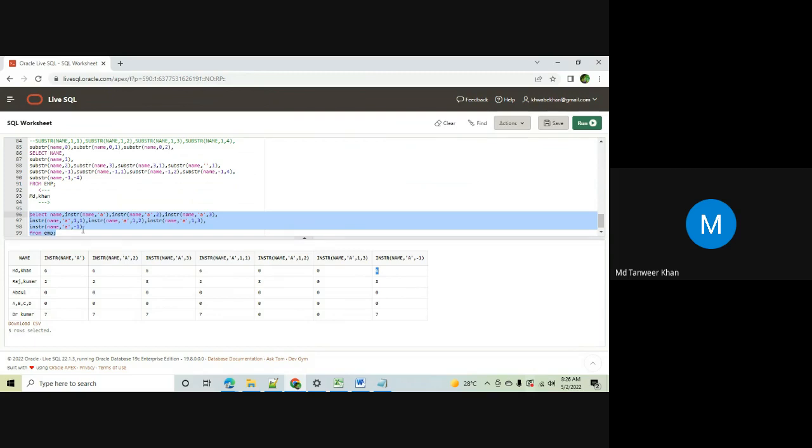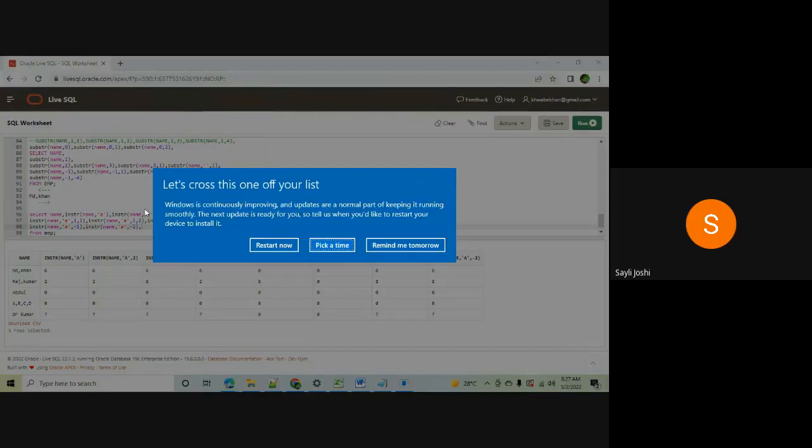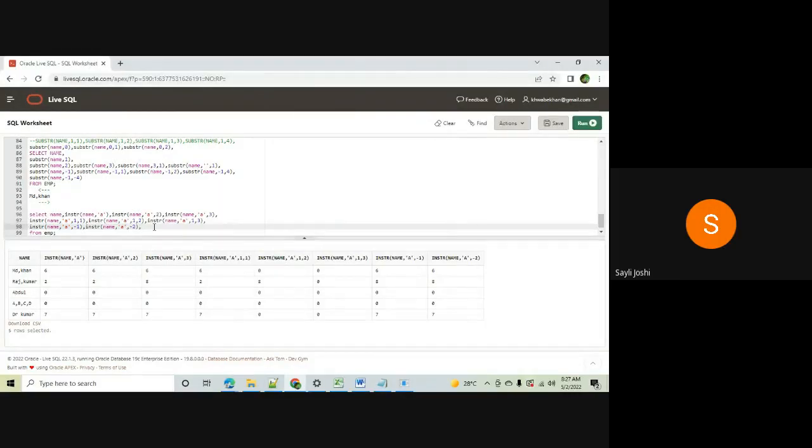Now compare this output and tell me what the minus argument is doing. Compare this and this one and this one. We're getting the same output, right? They both are the same. Now what about this?